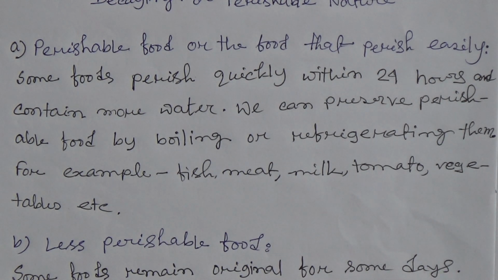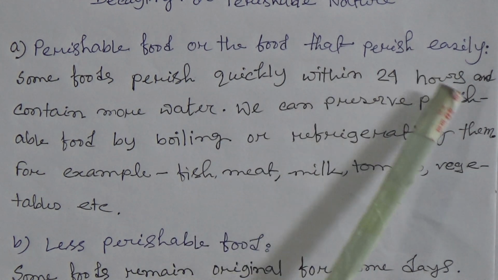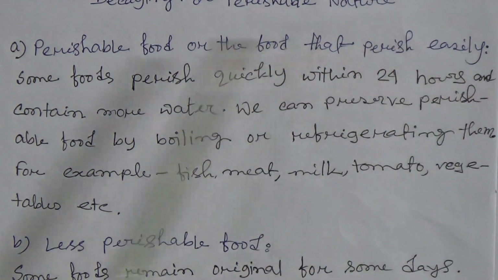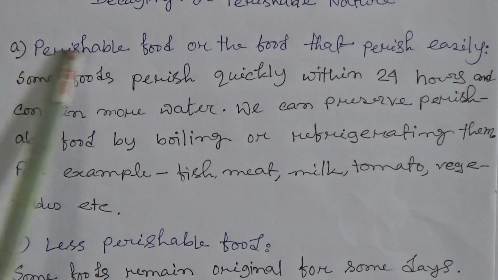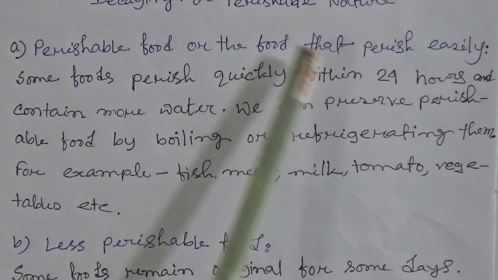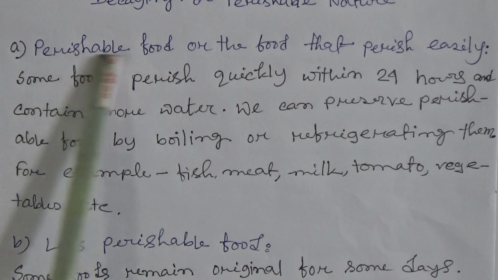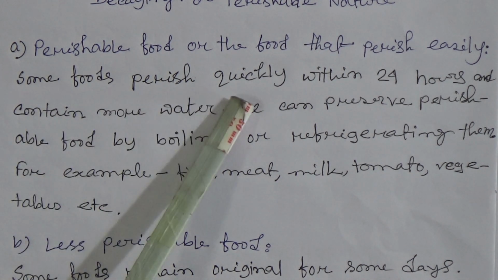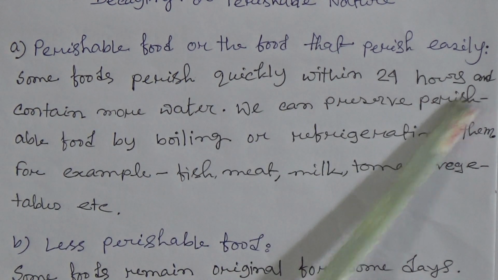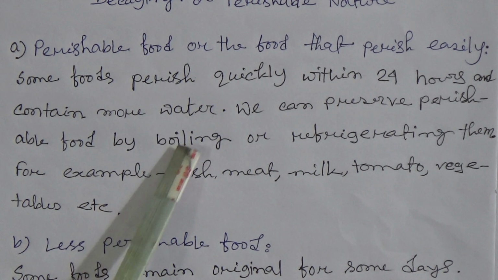So at first we will discuss the first one, that means perishable food are the food that perish easily. So from the title we can easily say that some foods can be easily perished. Some foods perish quickly within 24 hours and contain more water.